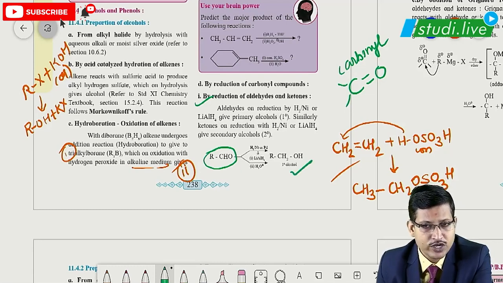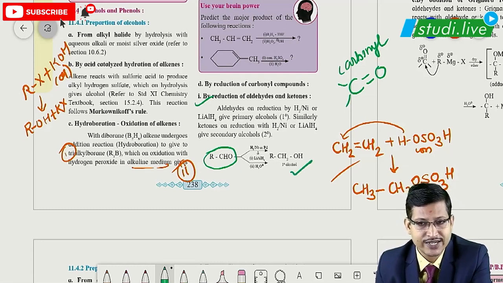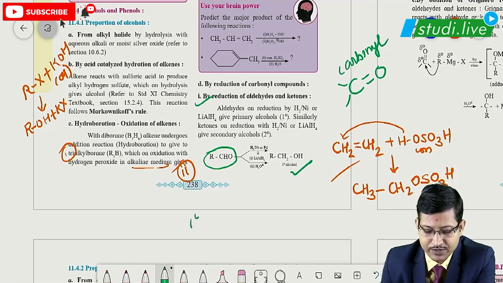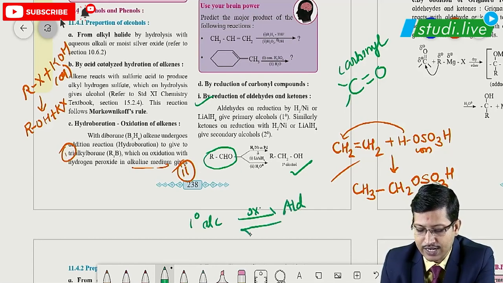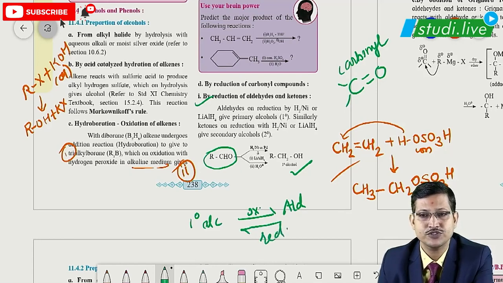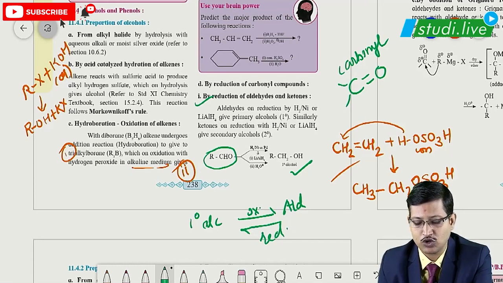So a point to remember: primary alcohols on oxidation give aldehydes, and the opposite, aldehydes on reduction give primary alcohols. This is how the reaction continues.